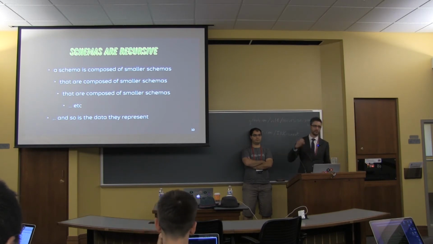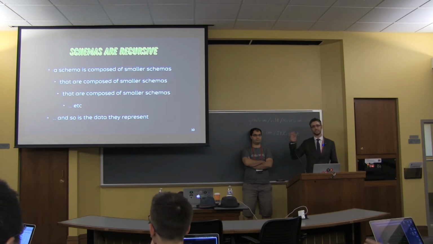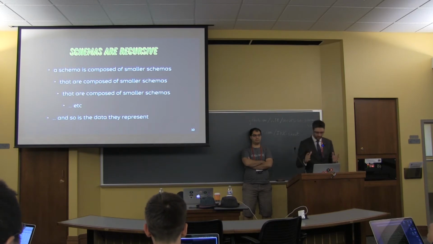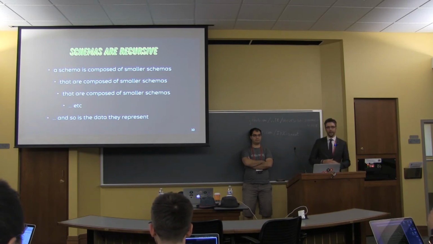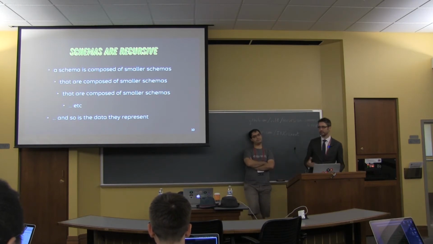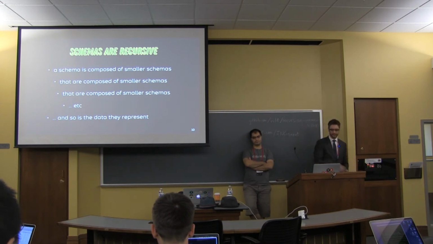Inside a schema, you have smaller schemas, which are composed of smaller schemas, and so on and so forth. So it's a very recursive beast. And data, when you represent it generically, like in JSON, is also recursive. Inside a JSON document, you have a smaller JSON document, and so on.